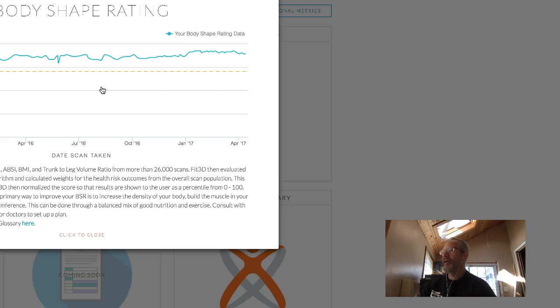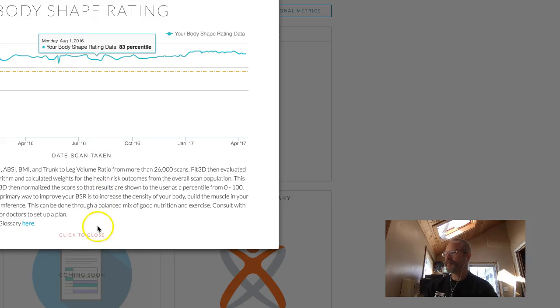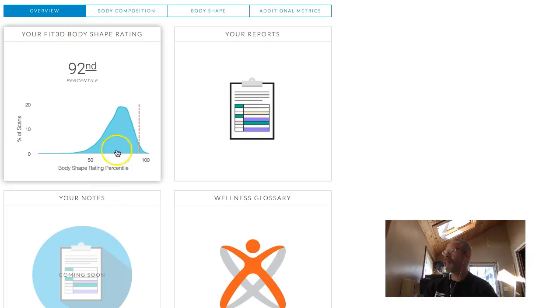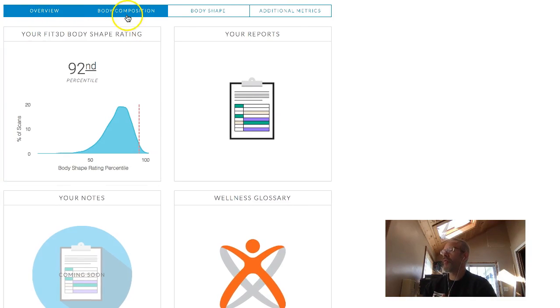So really, I'm interested not only in the image and what I look like, but I'm also interested in, am I getting healthier? And this tool really helps me evaluate, am I getting healthier or not? It's really a pretty cool thing to see those numbers moving as your nutrition cleans up and as you continue to work out.